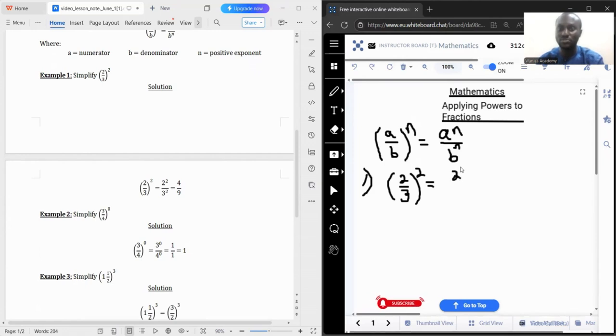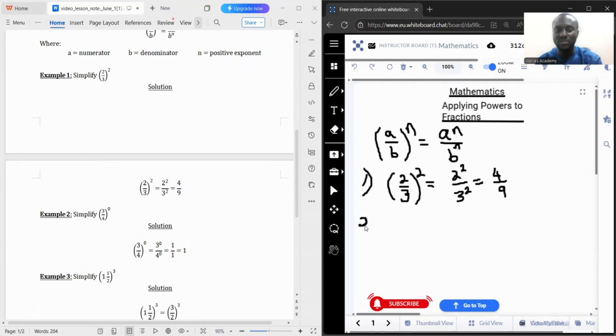That is 2 raised to power 2 over 3 raised to power 2. Now, 2 raised to power 2 is 4, and 3 raised to power 2 is 9. Since this is its simplest form, our final answer is 4 over 9.